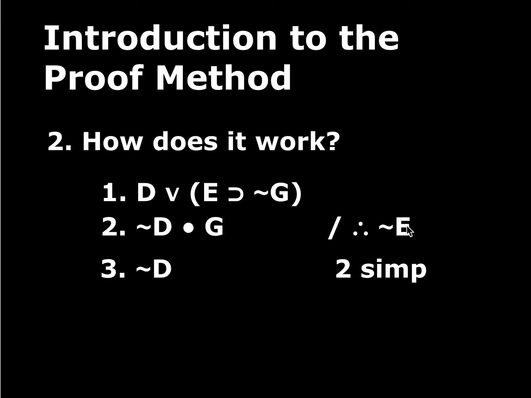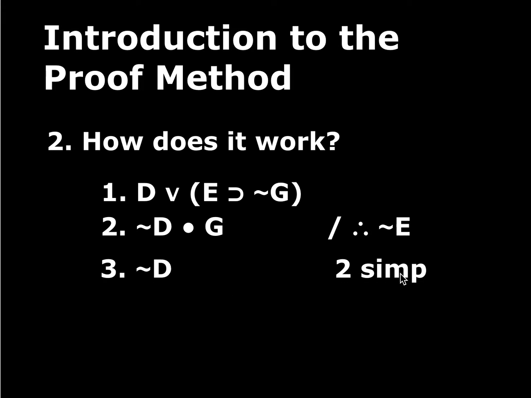So how would we do that? These were our first 2 premises. Now I'm going to write line 3 under here, and that's going to be not D. Where did that come from? Well, I used the rule of simplification on line 2. That's not going to make sense right now, but basically what this is saying is that I used a rule on line 2, and the rules let you write certain sorts of things on new lines if you have certain sorts of things to apply them to.